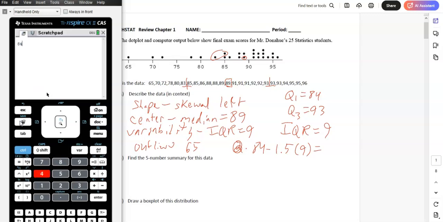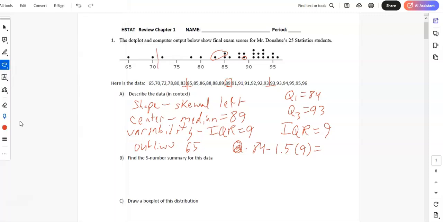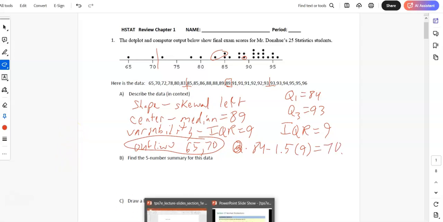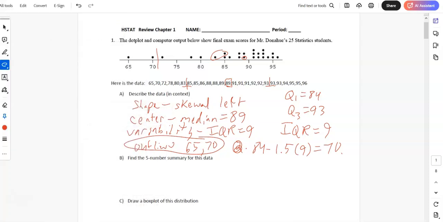So 84 minus 1.5 times 9, 70.5. So 70.5, right in here is the cutoff for the outliers. So 65 and 70 are both outliers because the lower fence is 70.5.